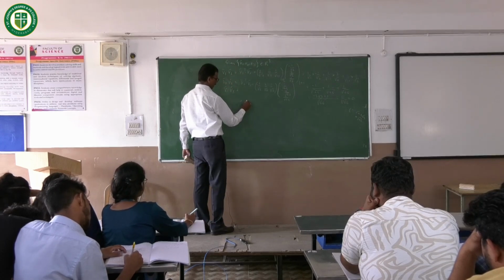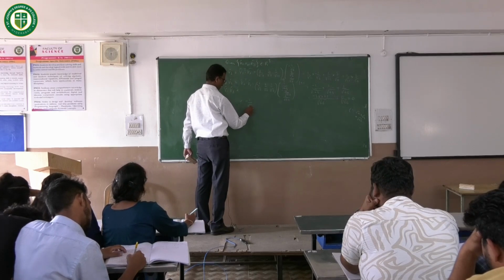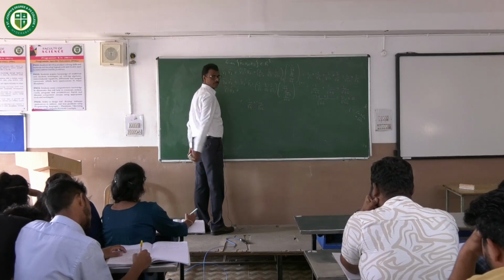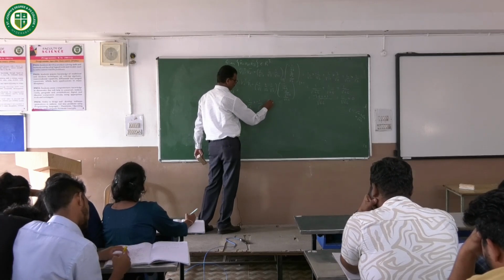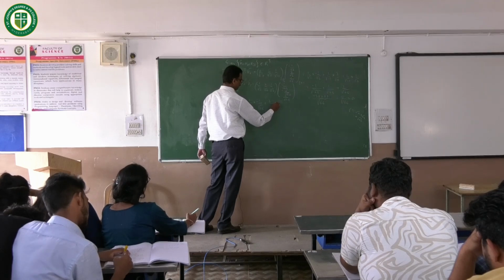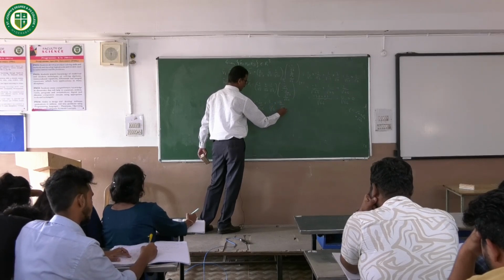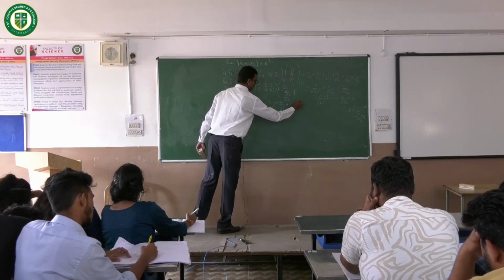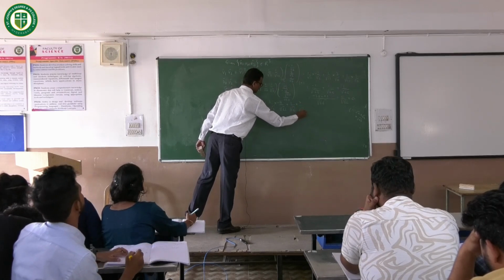So that is equal to minus 1 by root 6 into minus 1 by root 66 plus 2 by root 6 into minus 4 by root 66 plus 1 by root 6 into 7 by root 66.